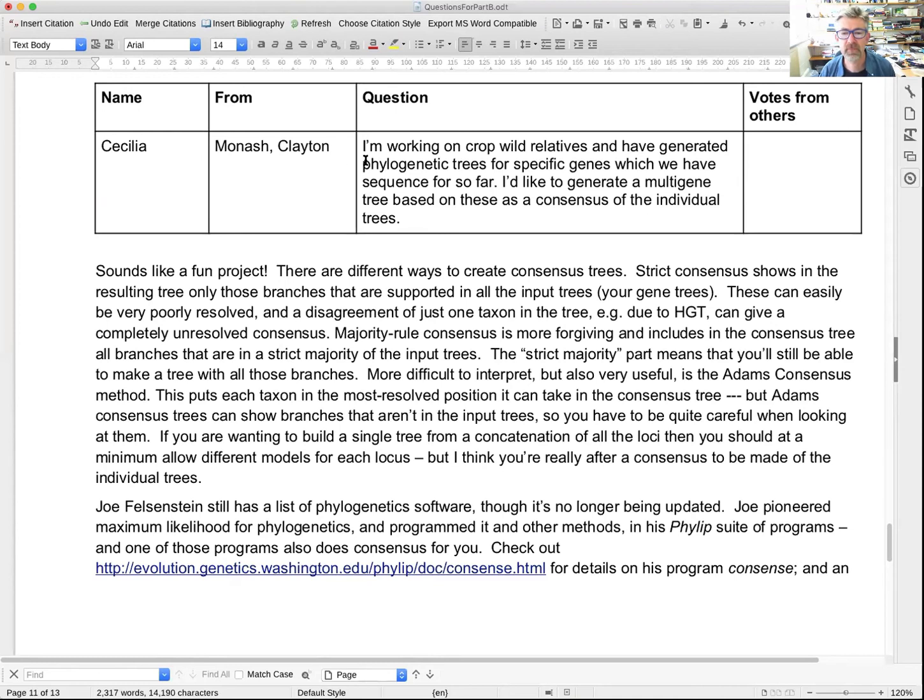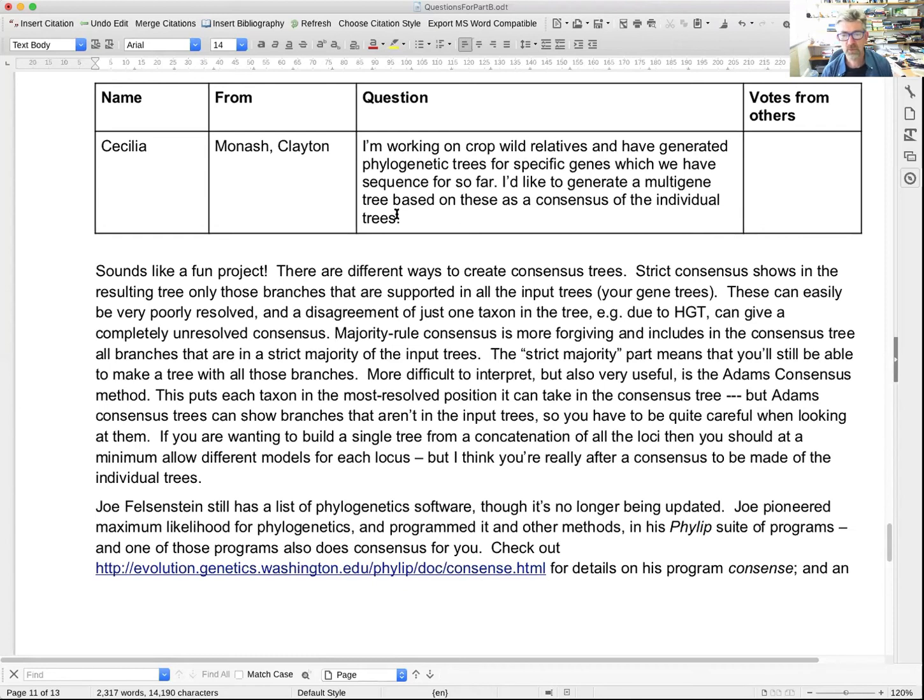Okay, so this one is, we've got a multi-gene tree based on a consensus of the individual trees. Now, there's a couple of ways that you can create a consensus. You can concatenate all of the alignments and then build one tree from the alignments.